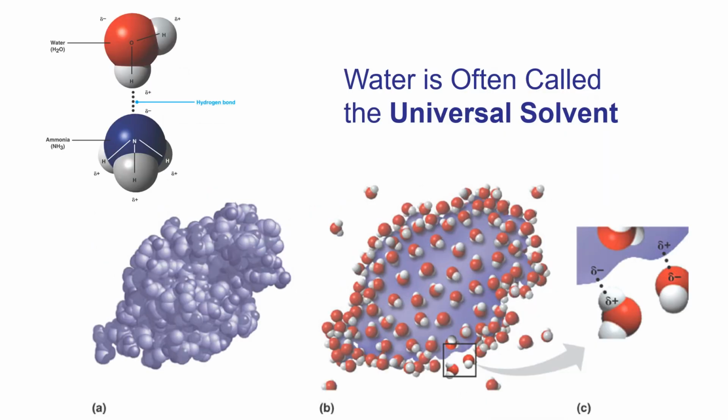And water is so good at dissolving things, we often refer to it as the universal solvent. There's other solvents out there like ethanol, for instance, but they're not quite as good as water. Water can dissolve things so long as they're polar molecules and they have at least partial charges on their surface.